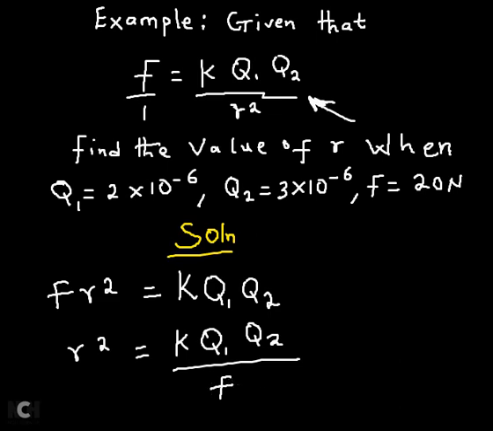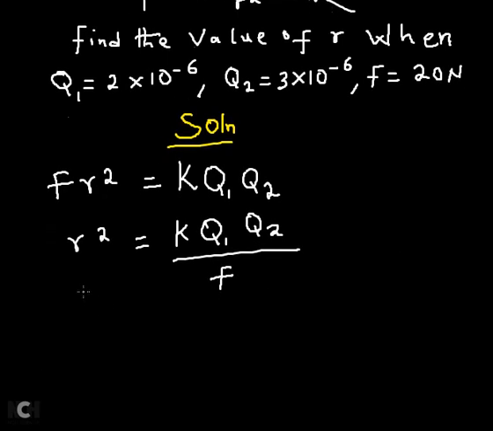So now at this point we are making r the subject of formula, not the square of r. So how do we eliminate the square? Remember what I told you: if you want to eliminate square, you use square root, and if you want to eliminate square root, you use square. So in this case, I have to square root both sides.